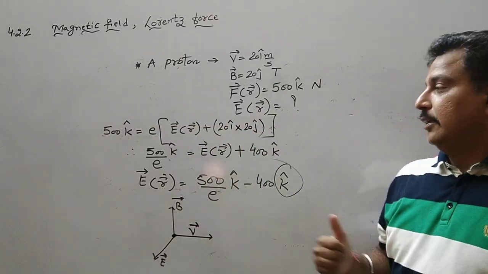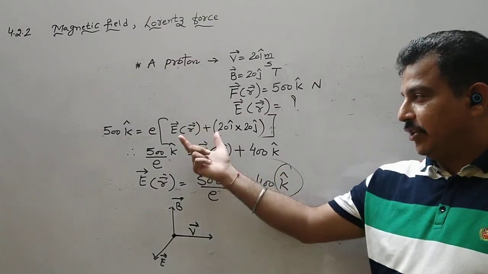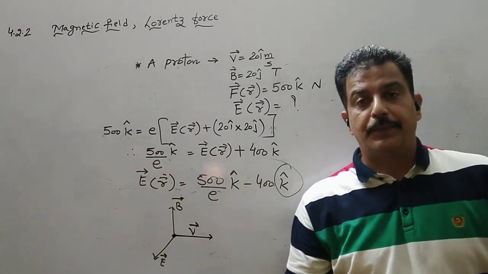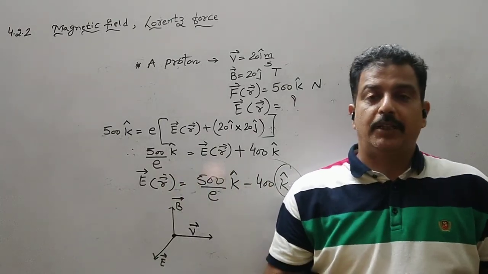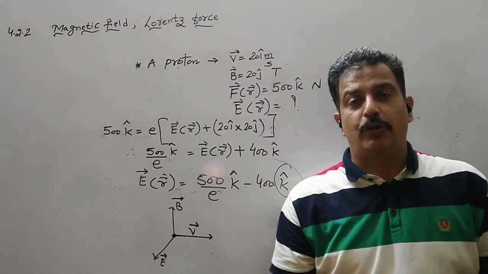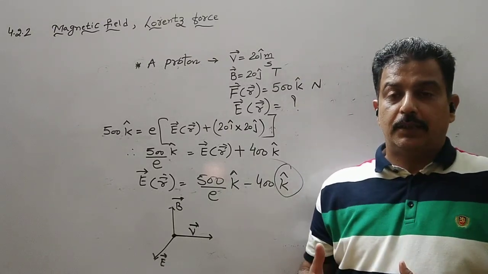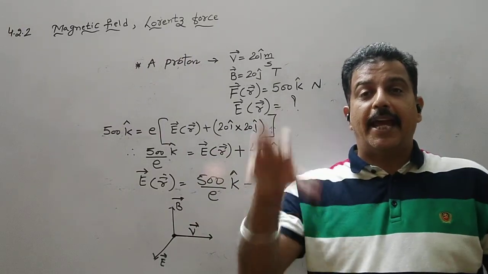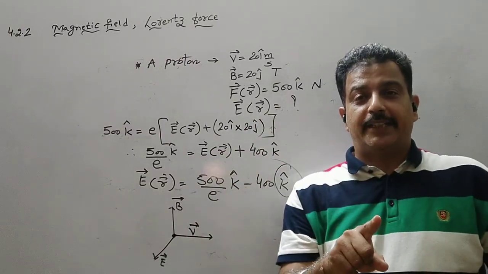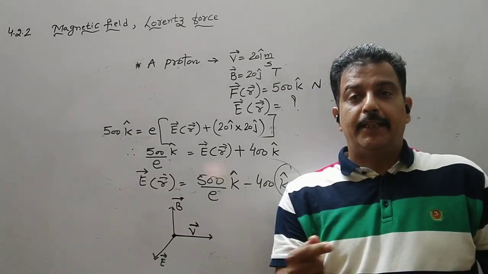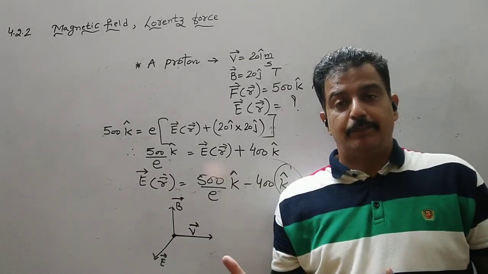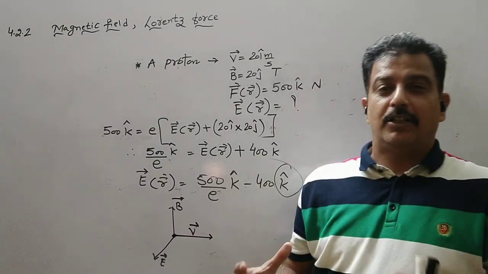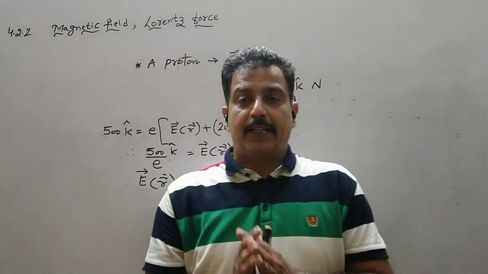The direction will be found by taking these unit vectors. So this is the information about the magnetic force and the Lorentz force. You have to remember, the Lorentz force is the force acting on a charged particle moving in electric as well as magnetic fields. Lorentz force is the resultant of the electric and the magnetic force.